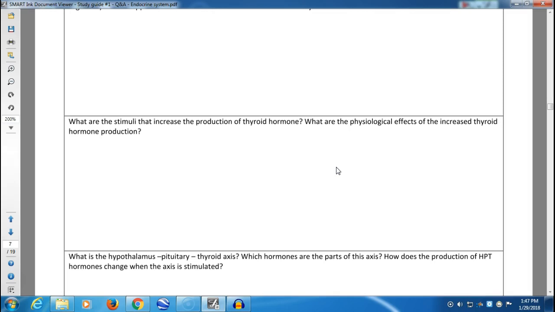What are the physiological symptoms? Hyperactivity, heat intolerance. Cardiovascular symptoms, increased heart rate, increased blood pressure, yes.